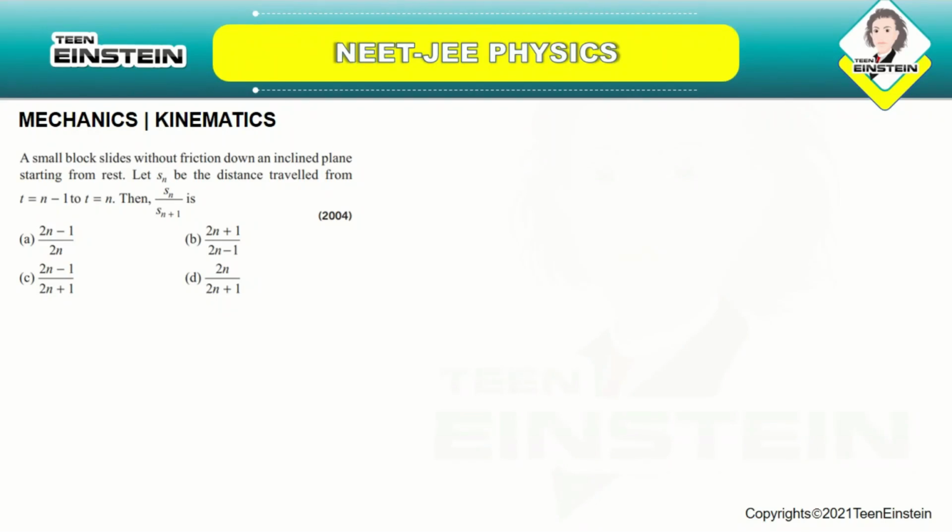So, the distance travelled in nth second is Sn is equal to u plus an minus half a. And here they have given you the initial velocity is 0, u is equal to 0.